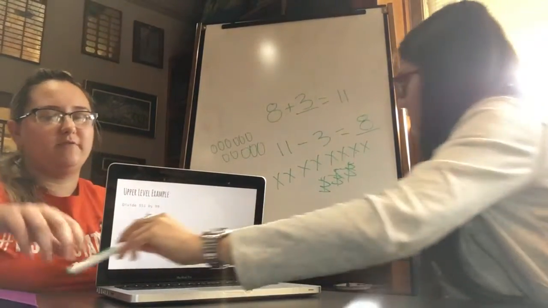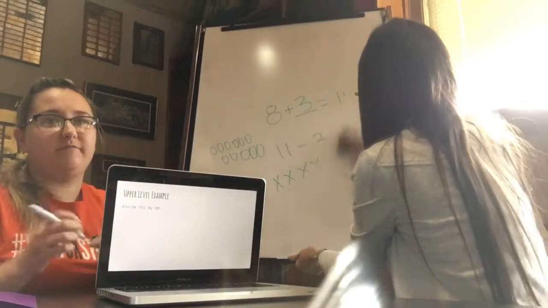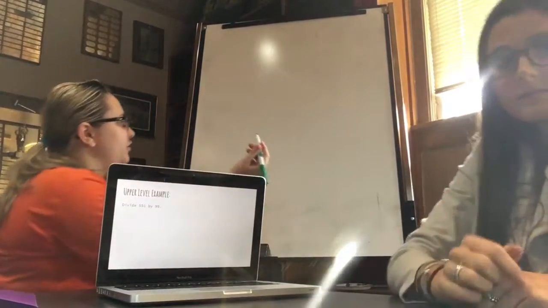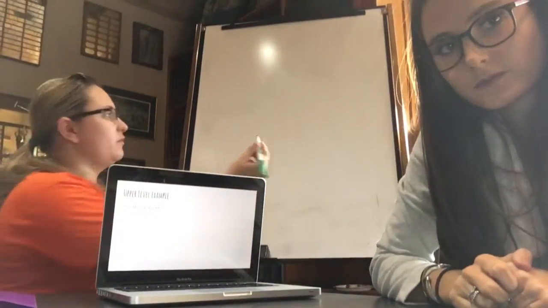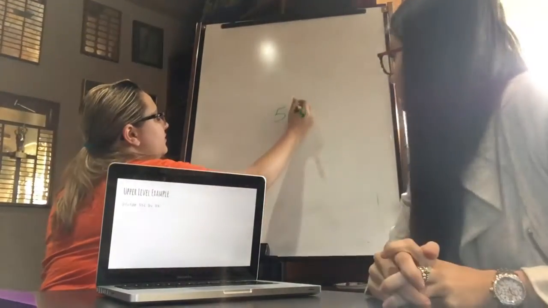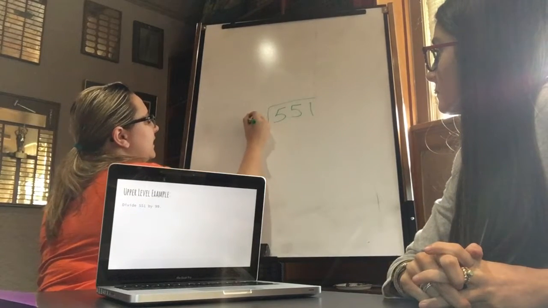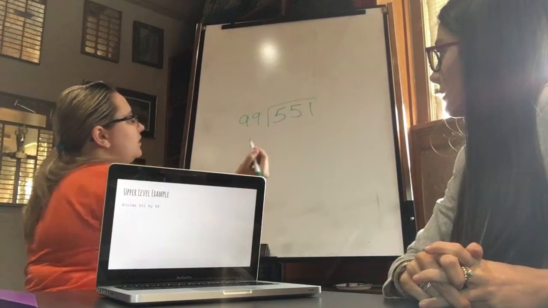And then for my upper level example, we chose 551 divided by 99. And this is a harder problem, so it does take a little bit more work. So 551 is on the inside, and 99 is on the outside.